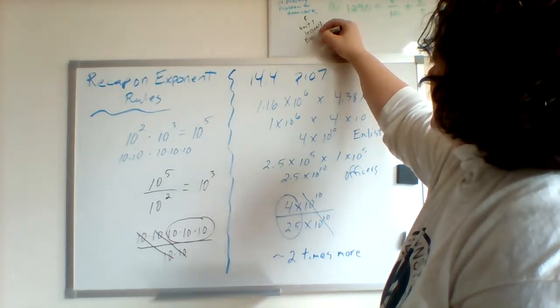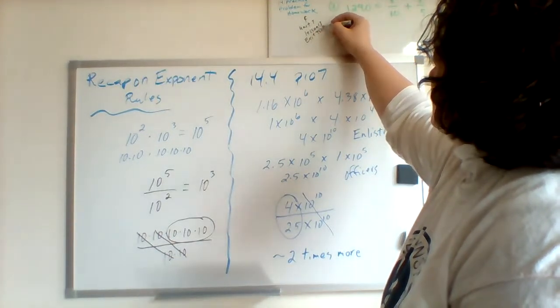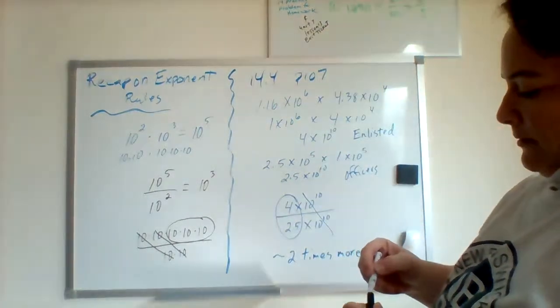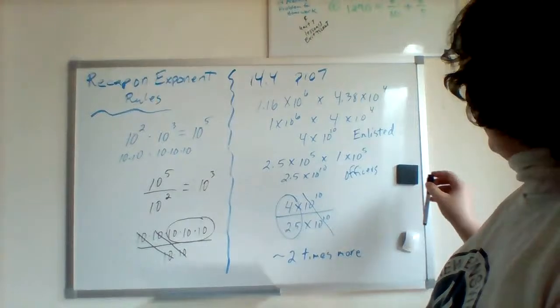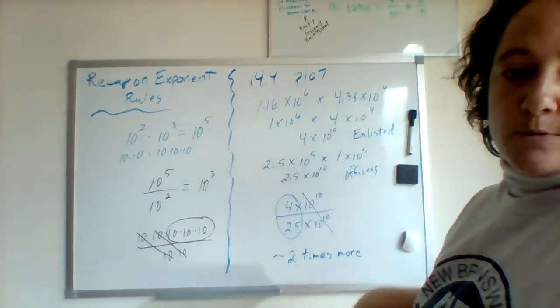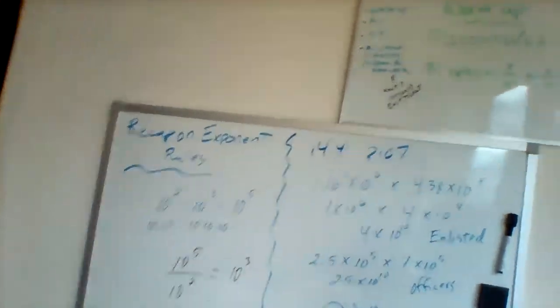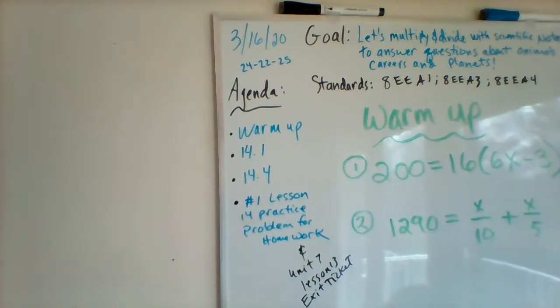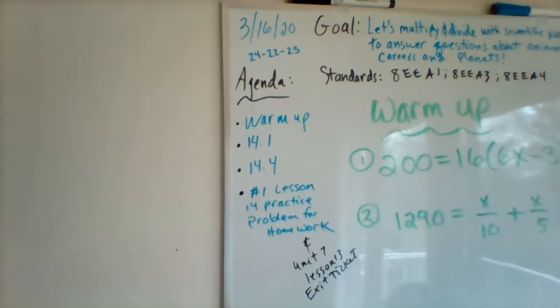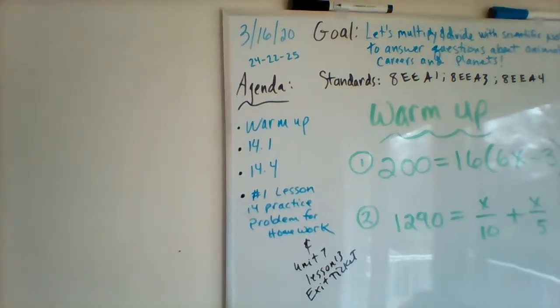There's an exit ticket online. And unless you have any other questions, we're done. Here's your homework. Number 1, lesson 14, practice problems, and unit 7, lesson 13, it's on Google Classroom.